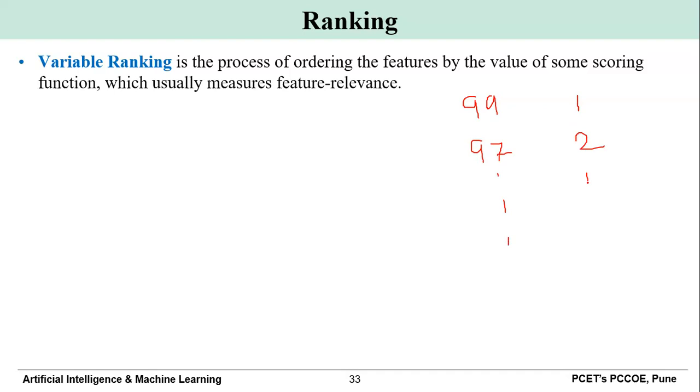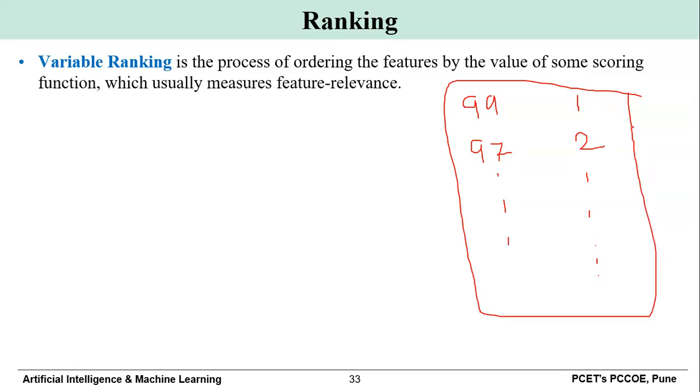Similarly, the rank will be given to other students. So from this table, you can understand that ranks 1, 2, 3 are the toppers in artificial intelligence and machine learning score.